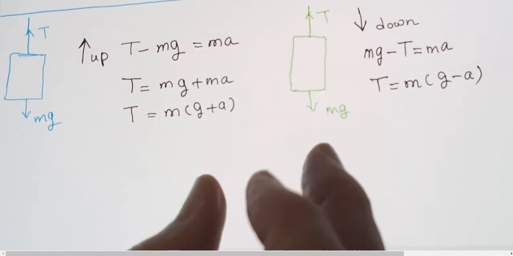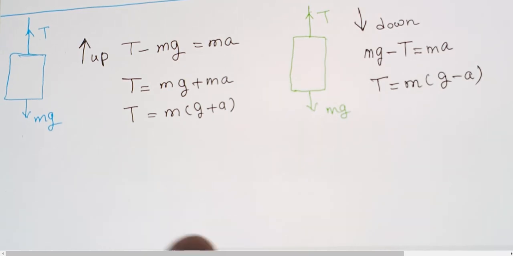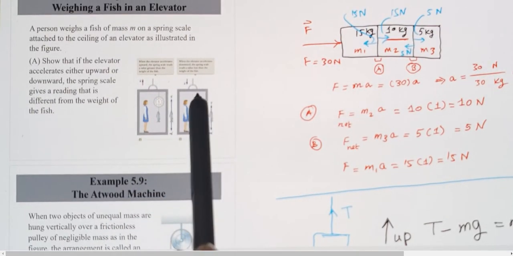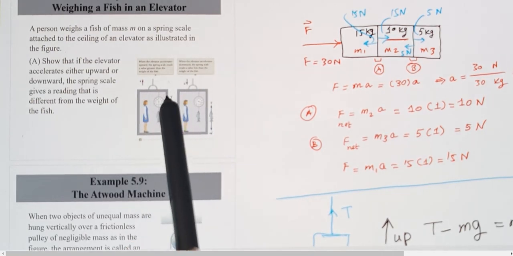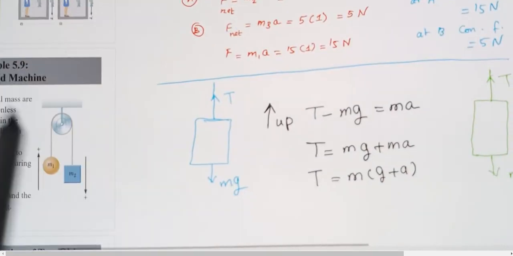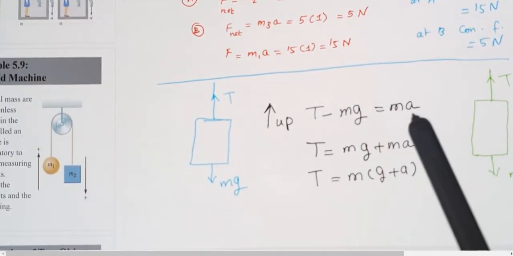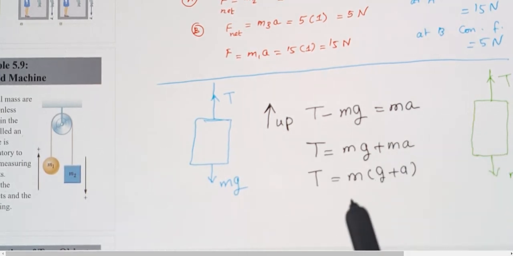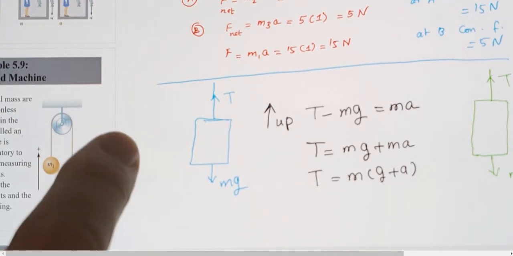And again, this is typical. You will find it in all physics books, this situation, that you have an object and the object is accelerated up or accelerated down. If, of course, it is not accelerated, it's just moving with acceleration equal 0, we end up with a situation T is equal mg, which is normal.